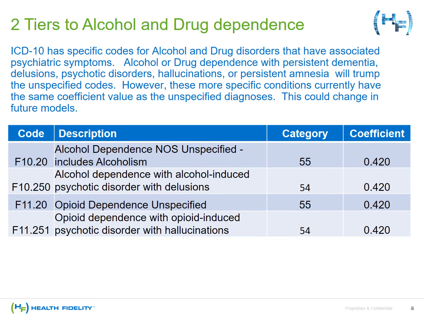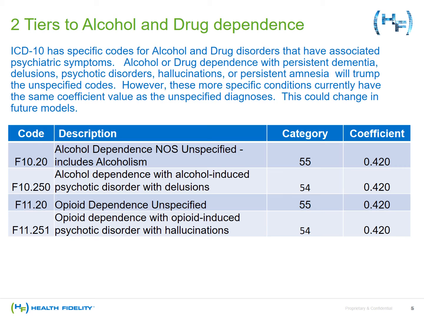Not to complicate matters further, but there are two tiers to alcohol and drug use disorders. ICD-10 has specific codes for alcohol and drug disorders that have associated psychiatric symptoms. These symptoms can be persistent dementia, delusions, psychotic disorders, hallucinations, or persistent amnesia.